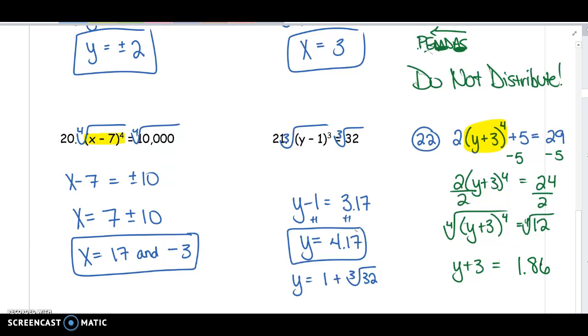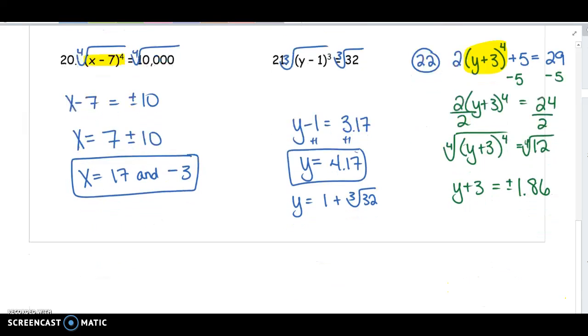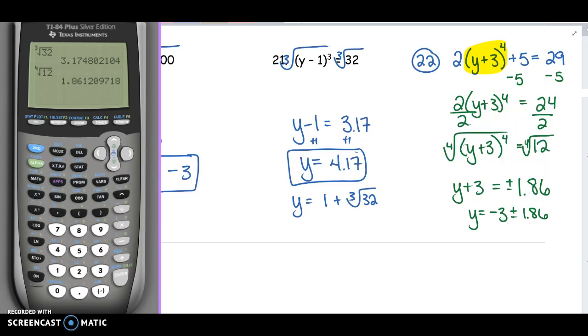Your calculator will not tell you the plus minus, but we know that that's an even index, so we need to put a plus minus in front of it. So our answer is going to be -3 plus or minus 1.86. And you can actually do that math.